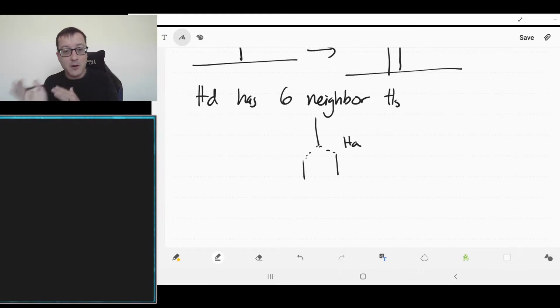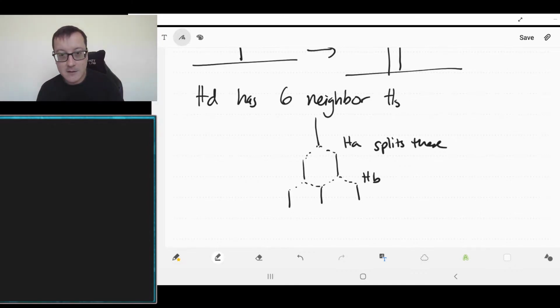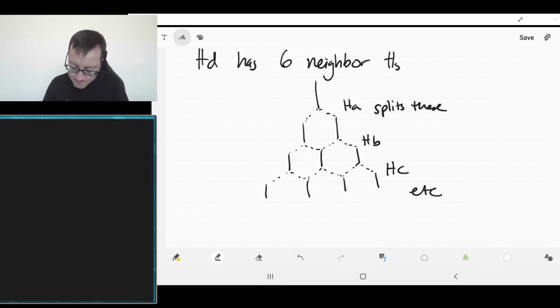One of higher energy, one of lower energy. And then we can say, well, how does HB interact with it? Well, HB does exactly the same thing. It'll keep splitting it. But now look, two of those have in fact lined up with each other. So we'll need to keep that in mind later. And HC will now interact with it. And these are all equivalent, HA, HB, HC, right? So they're all splitting equally, and so on.